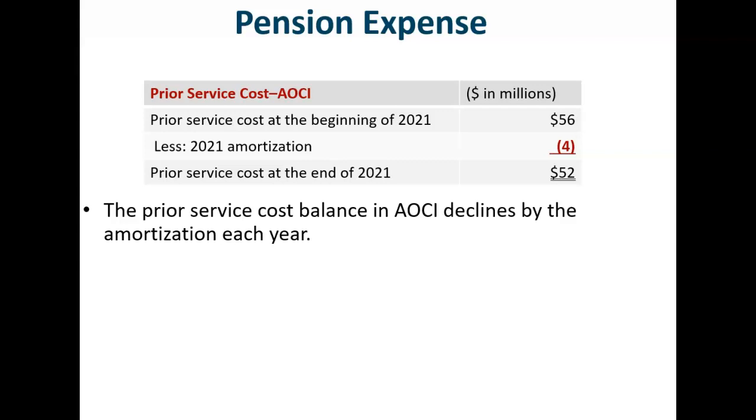Thus, we calculate the prior service cost at the end of 2021, which is an AOCI account, to be $52 million. That's the beginning balance of $56 million minus the amortization in 2021, which brings the balance down to $52 million.